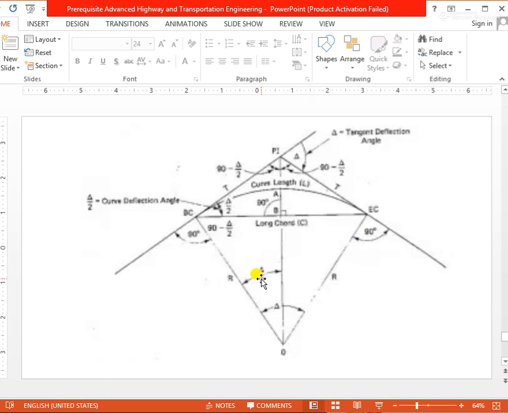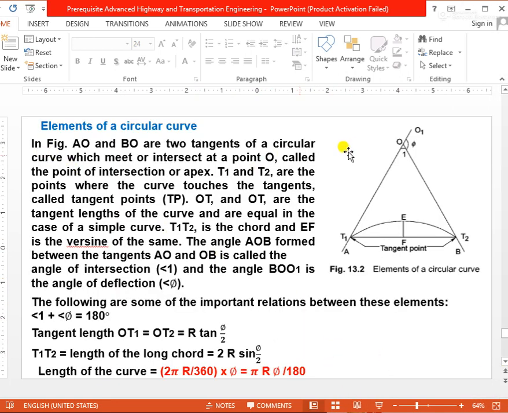This is the actual figure through which we can understand every element. Before that, you can see in the figure AO and BO are two tangents of a circular curve which meet or intersect at a point O, called the point of intersection or apex.